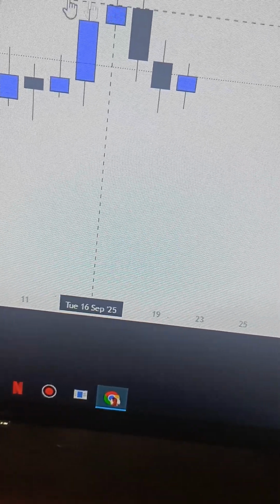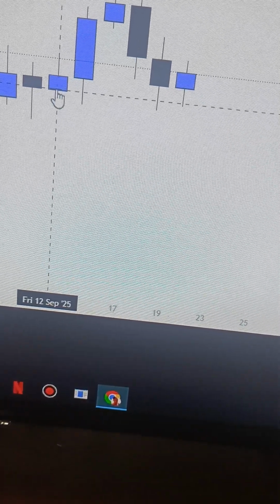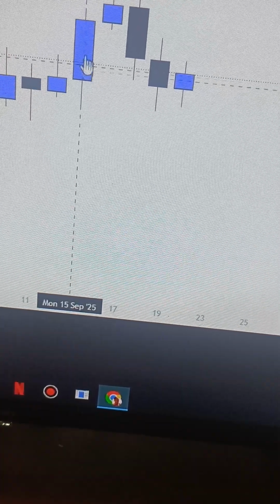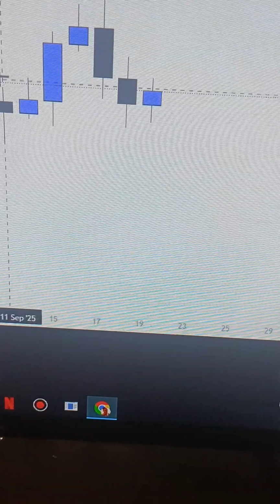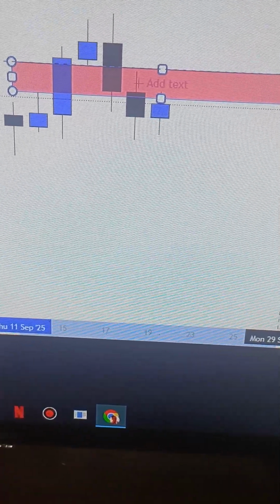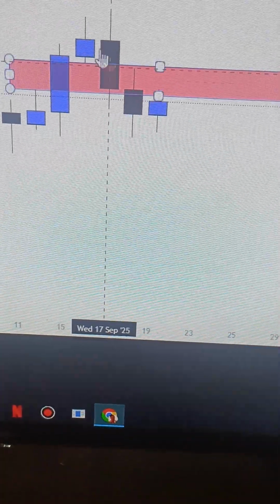A fair value gap is created when you see a candle at this point, then we have another candle, and we have another candle. These candles did not meet. You see, this one and this one did not meet, leaving this gap here. This is what we refer to as a fair value gap.